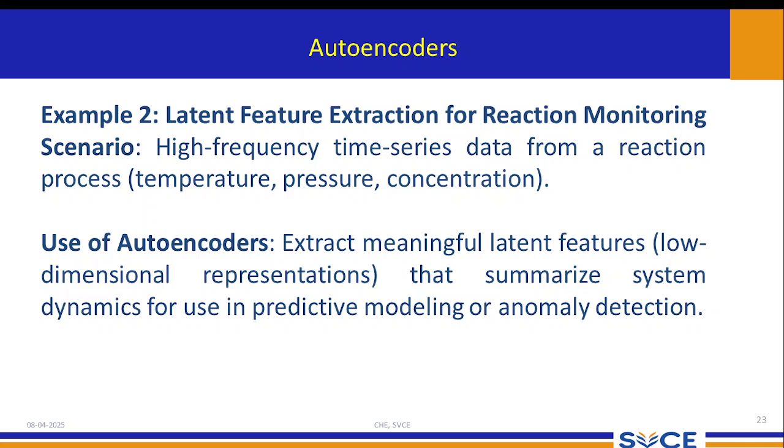So, high frequency time series data from a reaction process. In that case we can go for autoencoders in order to extract the meaningful latent features, a low dimensional representation that summarizes the system dynamics for predictive modeling. Okay, so hope you understood the use of autoencoders.